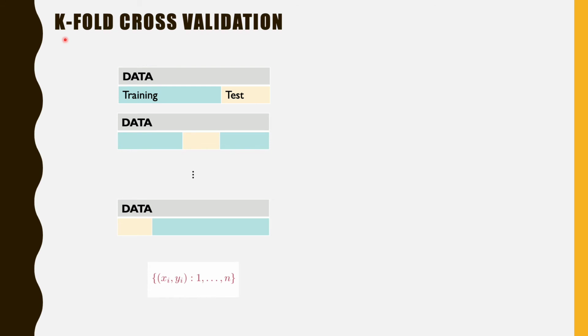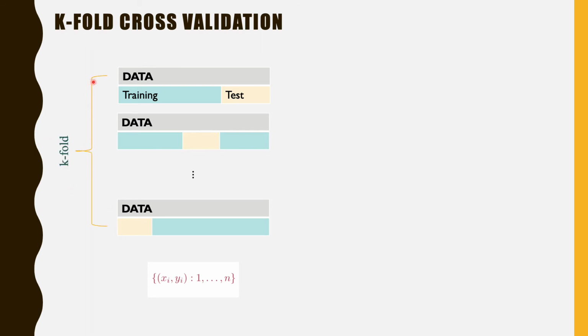Generally it is 5 or 10, and maybe you should keep in mind that the default is 10 in Python. Then what does it mean? That you are going to do less work and save some time, okay? Especially if you have big data or a large number of observations, it is going to be much easier to use k-fold.